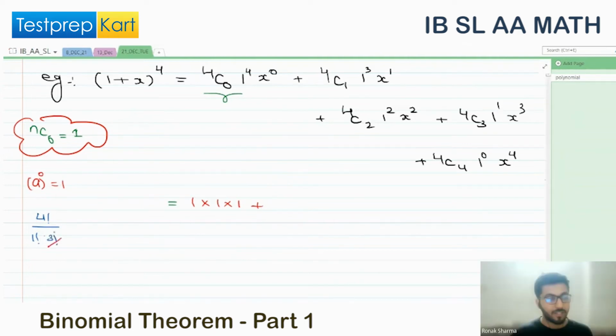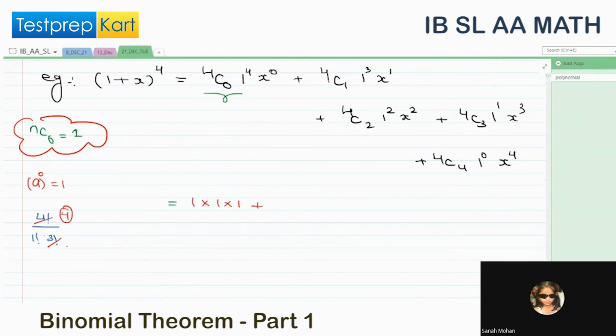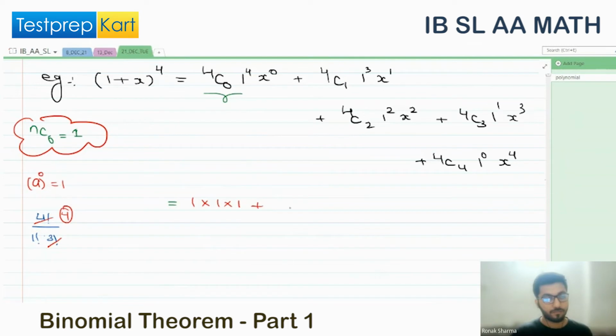Yes. 3 factorial will cancel out and we will have 4 only, right? So the answer is 4. I'm going to give you a lot of questions, so if you have any doubt, just ask me here only. Then 4 into 1 cube is 1 only, and x power 1 is x.